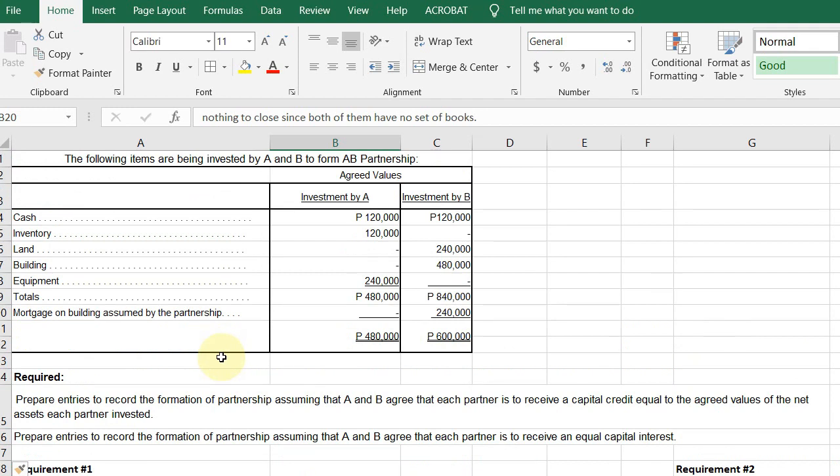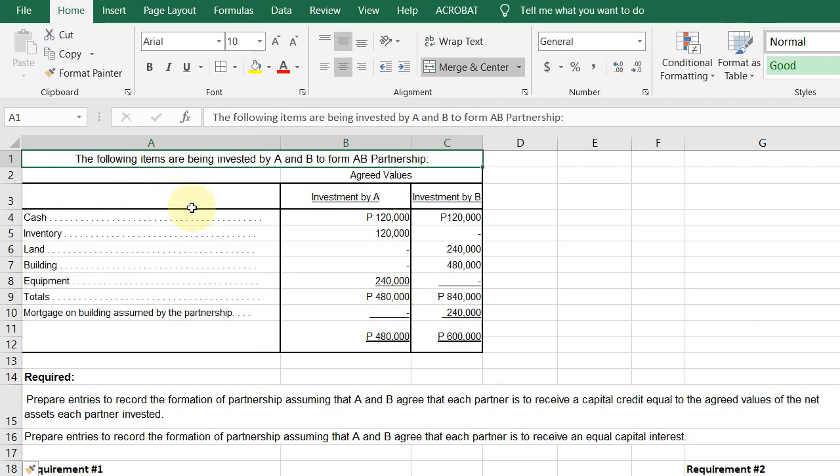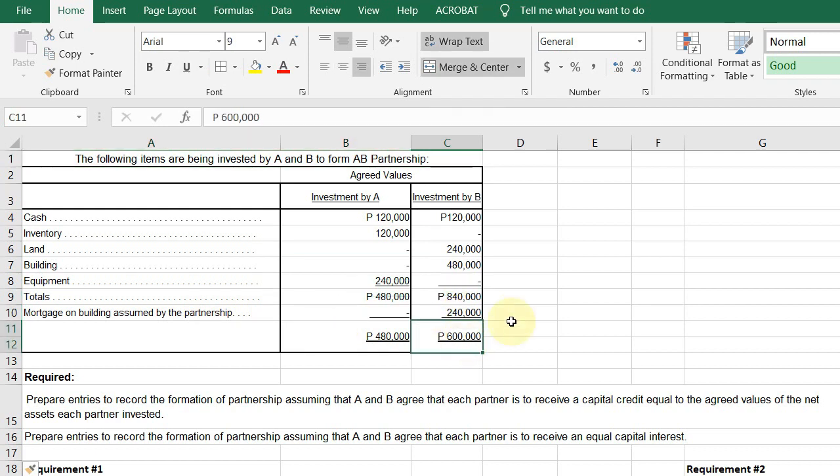So for problem one, our given is four items. The following items are being invested by A and B to form an AB partnership. So given are cash, inventory, land, building, equipment, totals, then mortgage assumed by the partnership. We all know that when a mortgage or liability is assumed by the partnership, it is actually a deduction to the contribution of the partner.